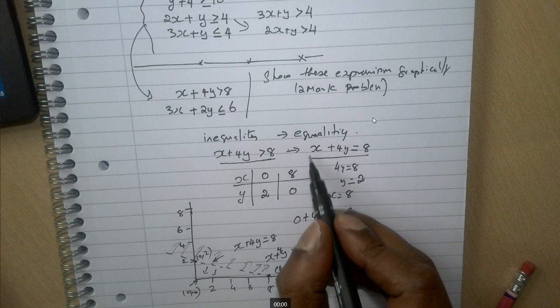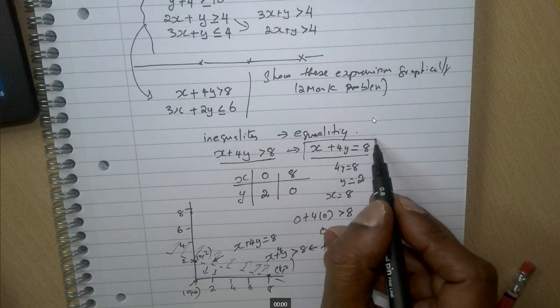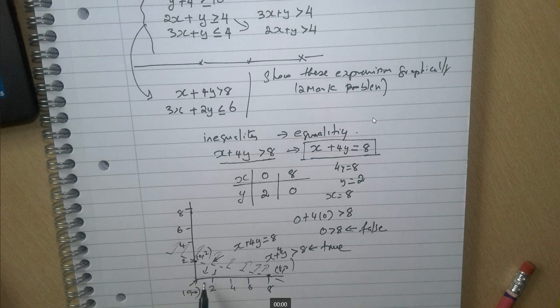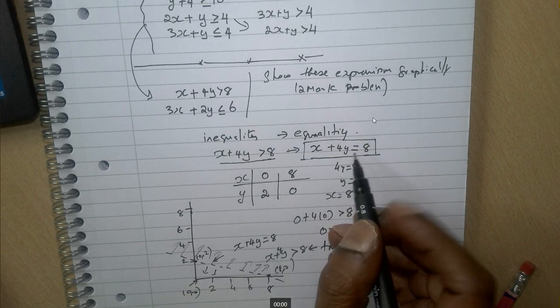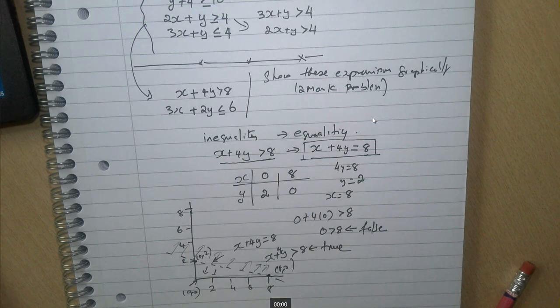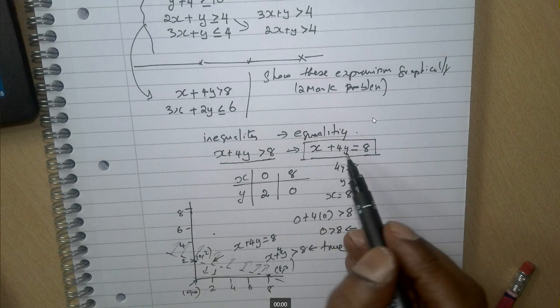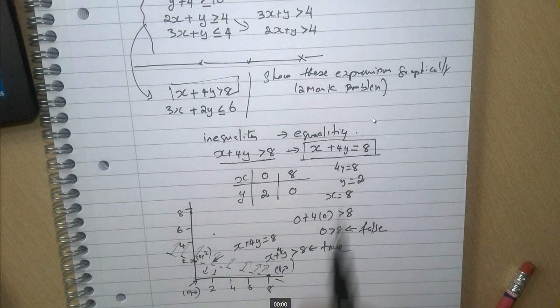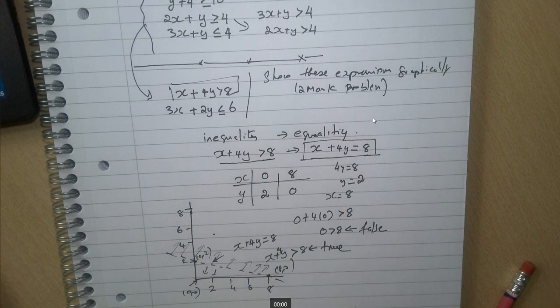That is the equation of a line on an xy graph, and then we try to find the conditions where x plus 4y is greater than 8, which is anything above this line. So you put a point here, get the corresponding x and y, and if you substitute these values in x plus 4y, that value should be greater than 8.